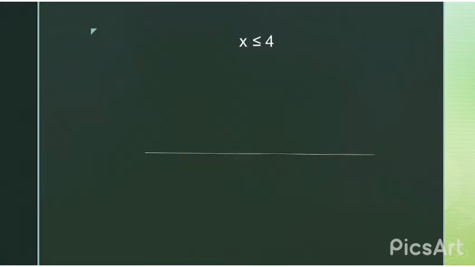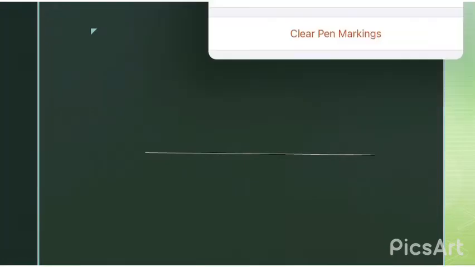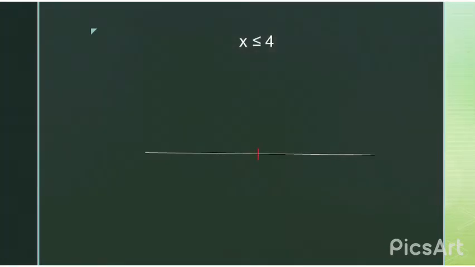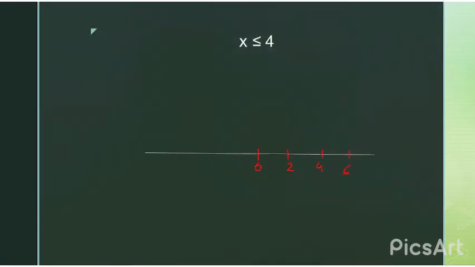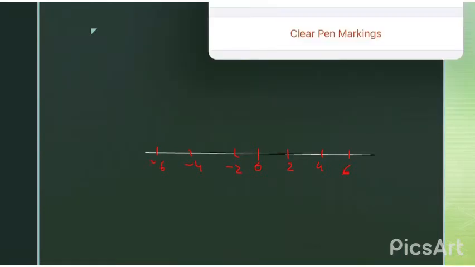Now for x less than or equal to 4, let's first mark the number line: 0, 2, 4, 6, then -2, -4, and -6.